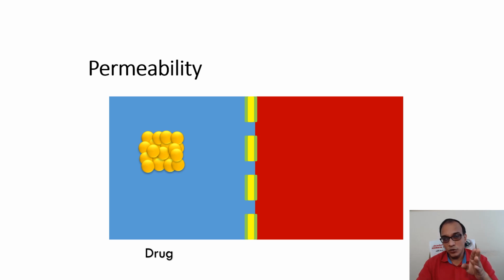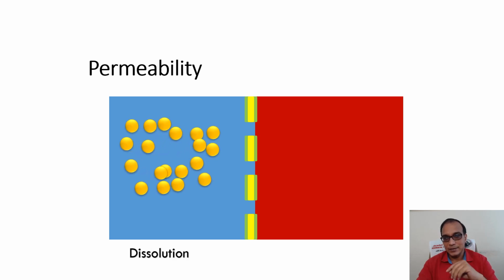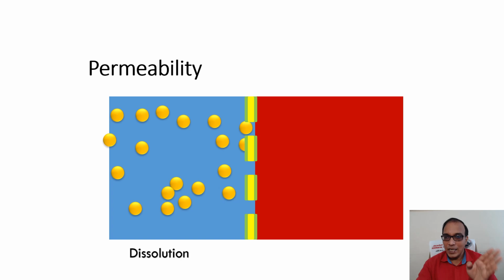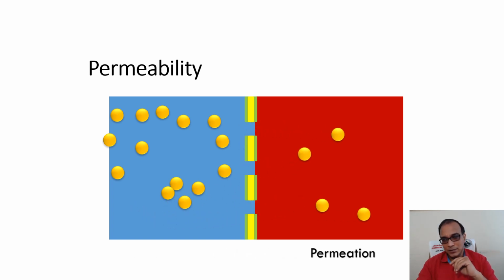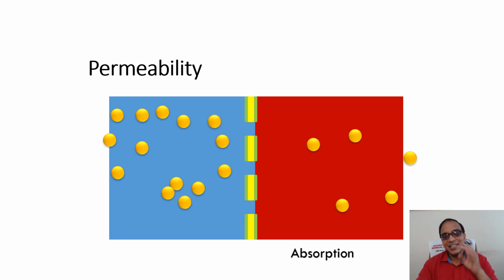The drug goes into the GIT, then passes the membrane and gets absorbed. So permeability is a rate limiting factor. Dissolution is again a rate limiting factor, but permeability may be a rate limiting factor for poorly permeable drugs.